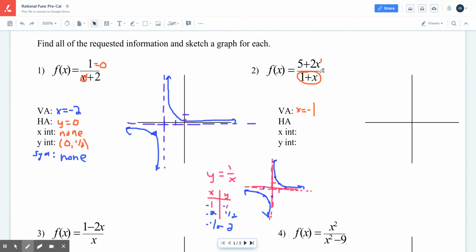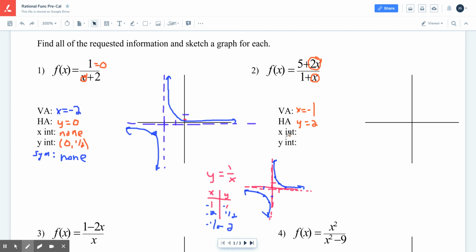The degree on the top is 1. The degree on the bottom is 1. They are the same, which means we take the leading coefficient of each of them. So in this problem, it's 2x over x, which is 2 over 1. So the horizontal asymptote is y equals 2.